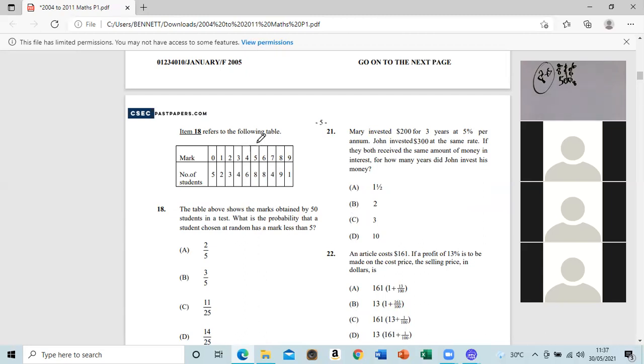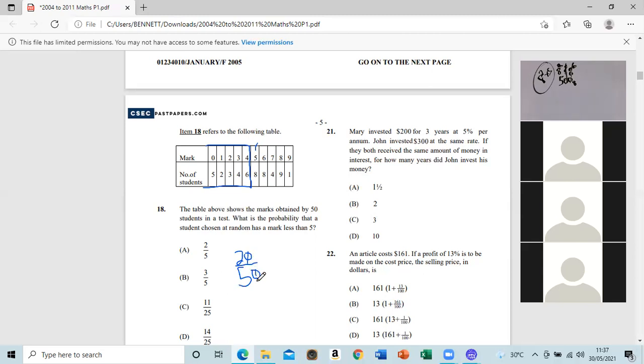But they say less than, so we have to see how many students from this line go back. Somebody tell me how many students there are. Add up the number of students here: 5 plus 2 is 7, plus 3 is 10, plus 4 is 14, plus that, what, 20? So it's 20 over the total. So that's 2/5.